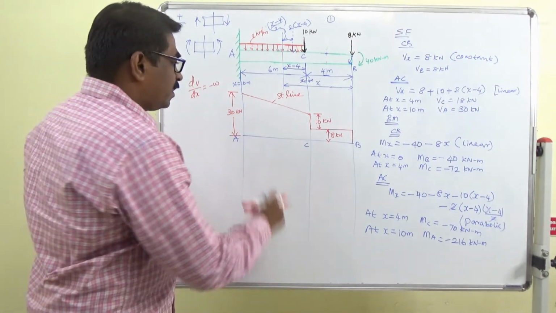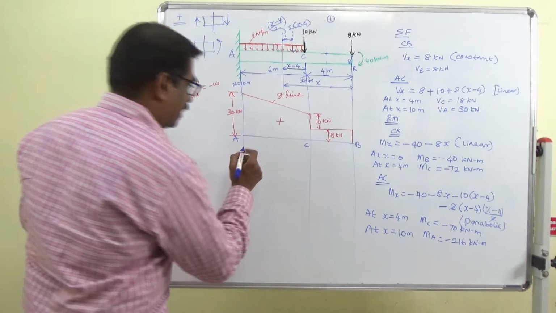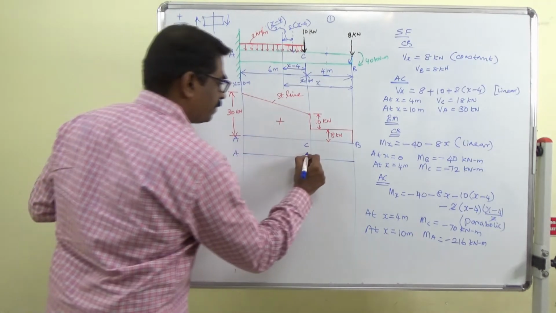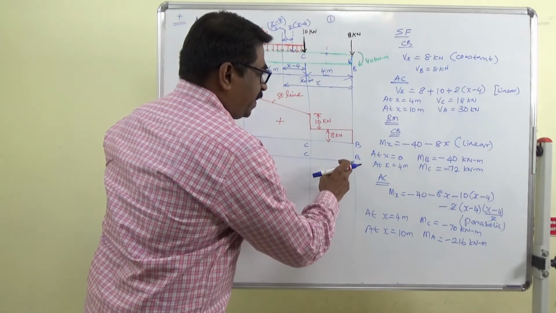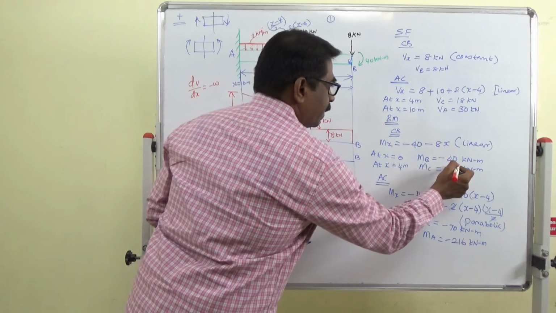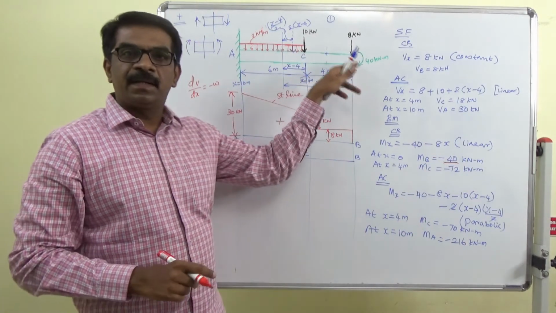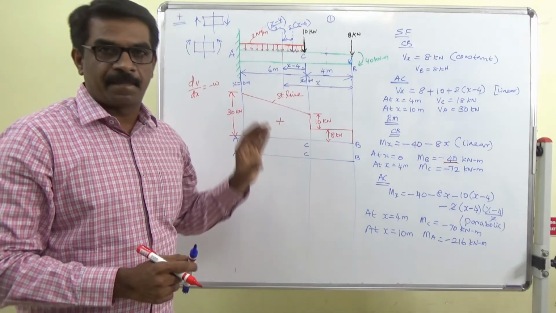Now I will draw the bending moment diagram. Same A, C, B. At B we have a value. When you have a couple in the beam, the bending moment diagram will have a step.